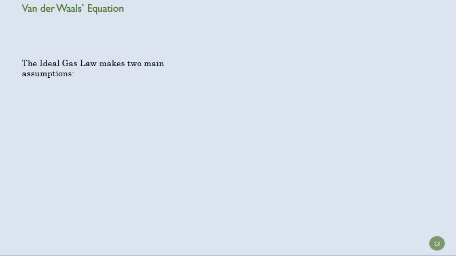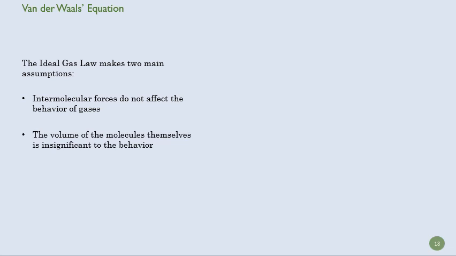There are two main assumptions. This last slide is sort of advanced ideal gas law. I'd say at the end of this slide, this does show up on AAMC's list of topics for the MCAT, so I want to include it. And it's interesting. So the assumptions that we made for the ideal gas law are that intermolecular forces don't affect the behavior of gases.